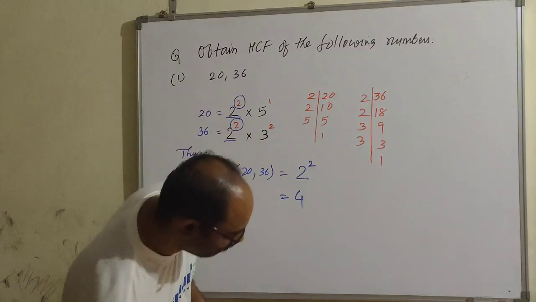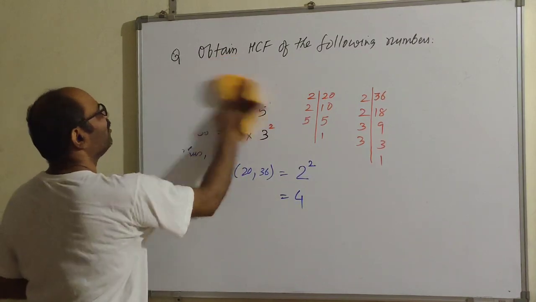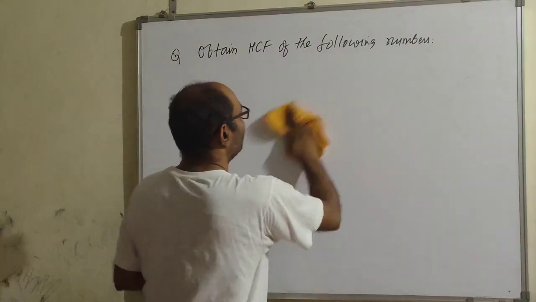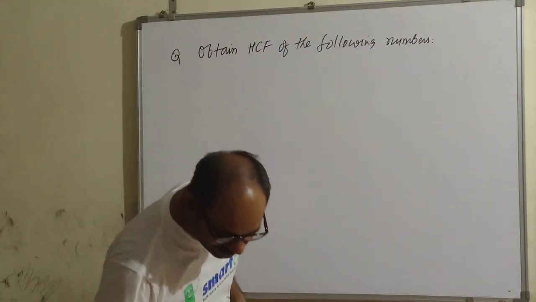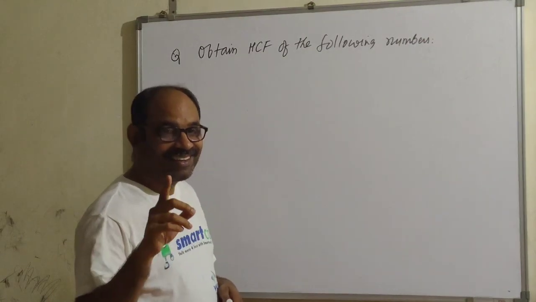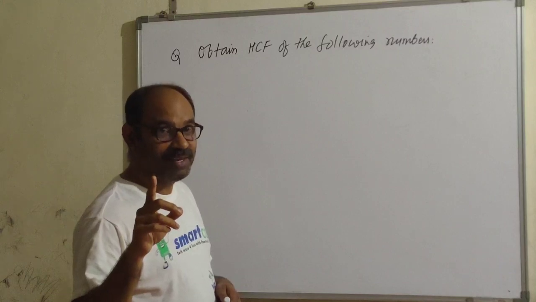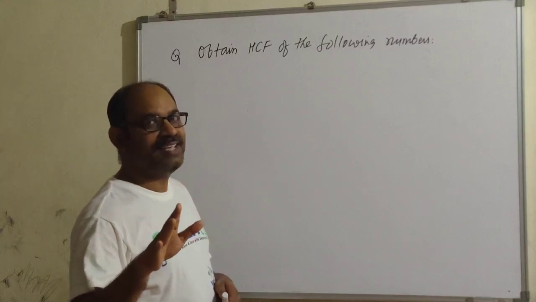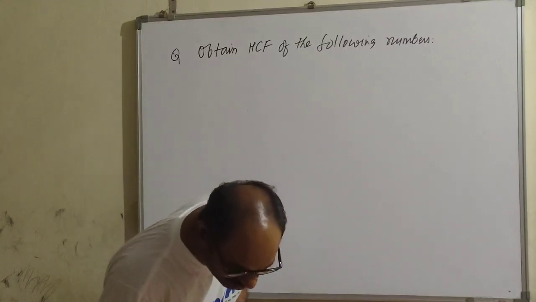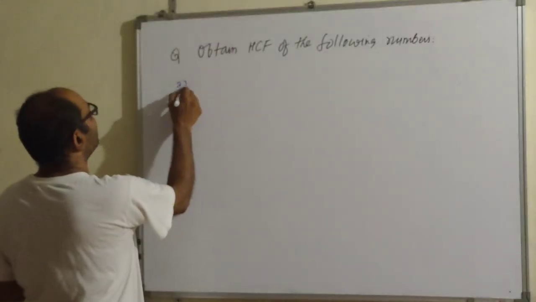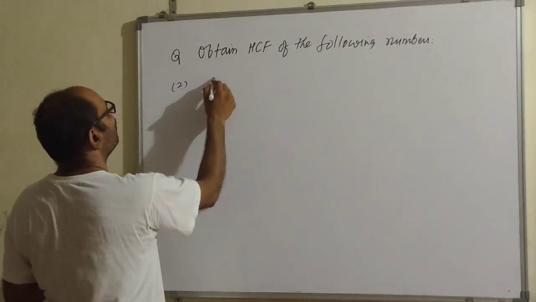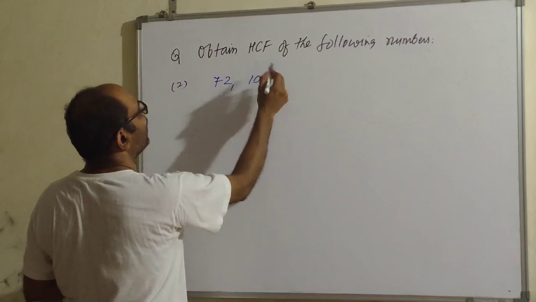We'll take another example. Which method is employed here? Correct. The fundamental theorem of arithmetic, or finding HCF by prime factorization method. The second example: obtain the HCF of 72 and 108.